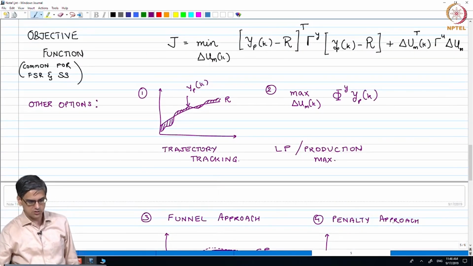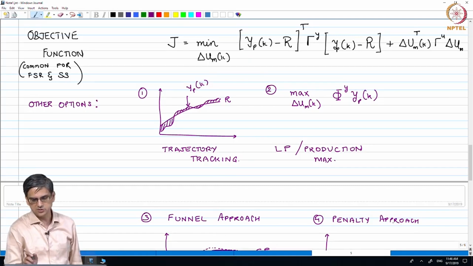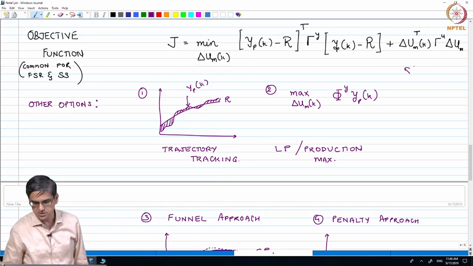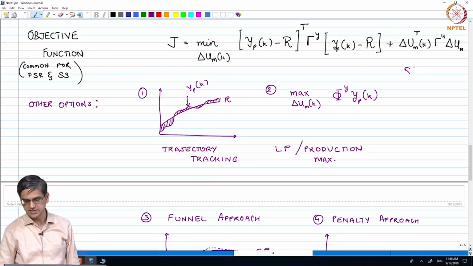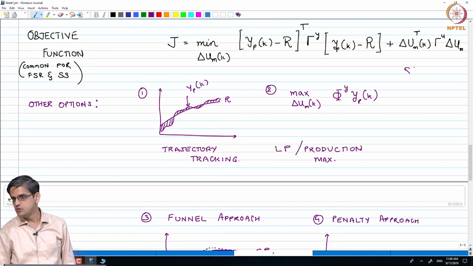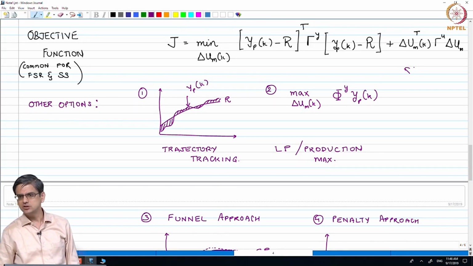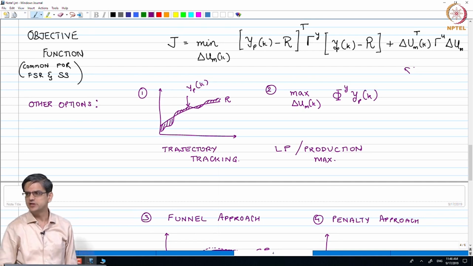Let us not worry about the other objective functions. The objective function that is of interest to us is this particular one. This is all sum of square errors. Yes, you can use sum of absolute errors.